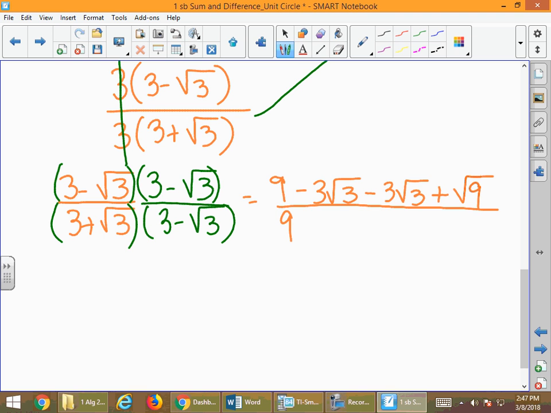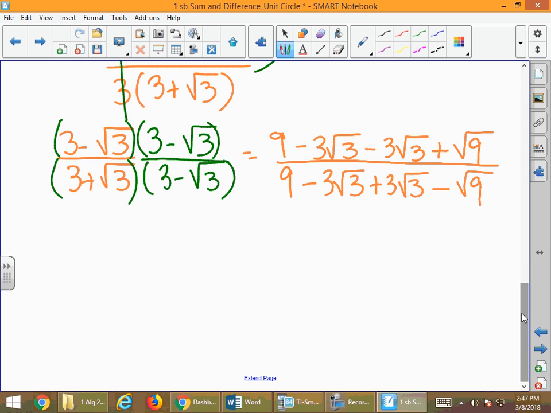In the denominator, we get 9 minus 3 times the square root of 3 plus 3 times the square root of 3 minus the square root of 9. And no, you cannot cancel top and bottom anywhere in this problem, at least not so far. The one thing that I notice is that this and this cancel out because they're opposites.